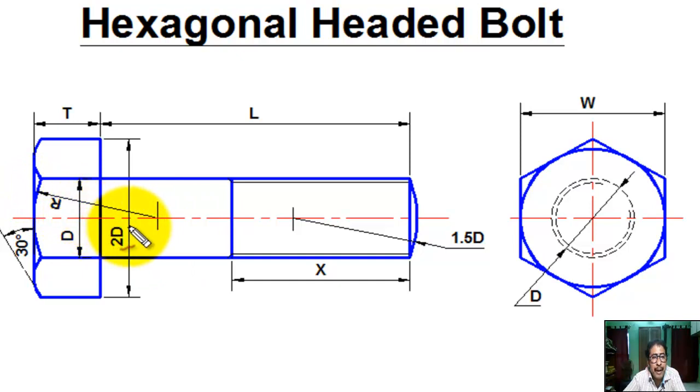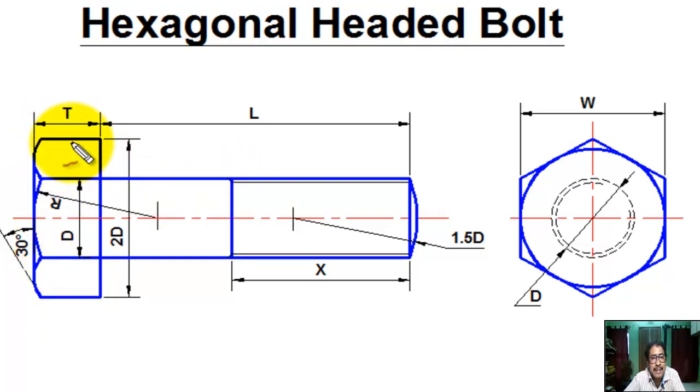Radius of chamfer R equal to 1.5D. This is the angle of chamfer throughout the whole top surface. Due to chamfering, an arc is formed on each vertical surface.